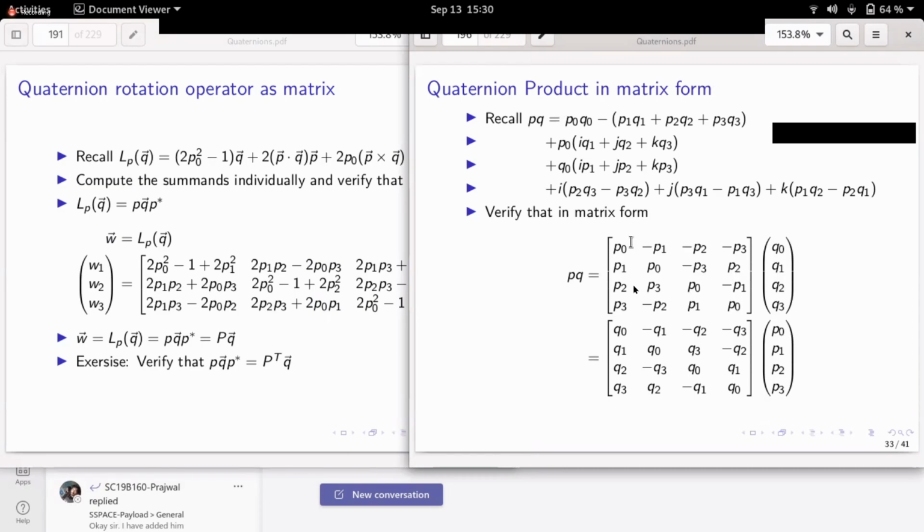And if you take P naught, P1, P2, P3 common, then you will get the second matrix. So either you can use this matrix multiplication, a 4 cross 4 matrix multiplying a 4 vector, or directly this complicated expression. Both are equivalent. So many times for understanding the properties, people do use these things.